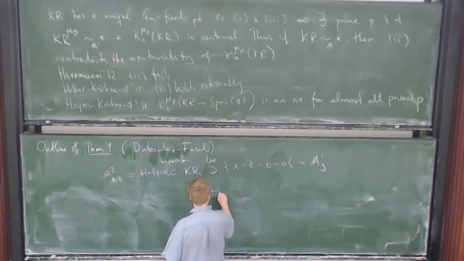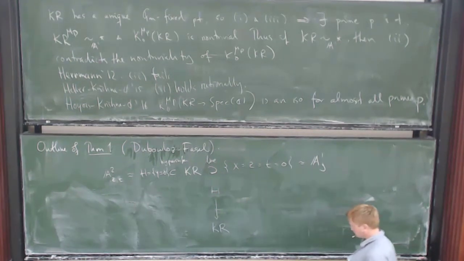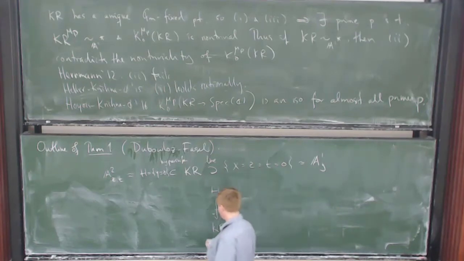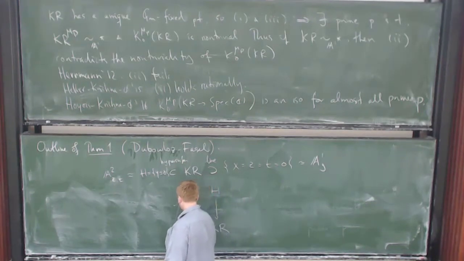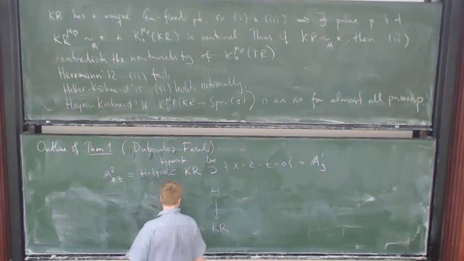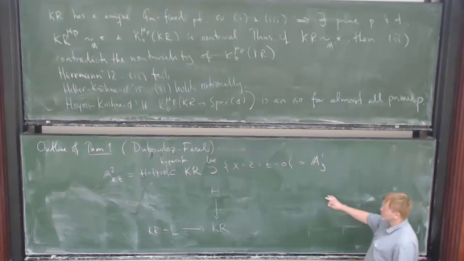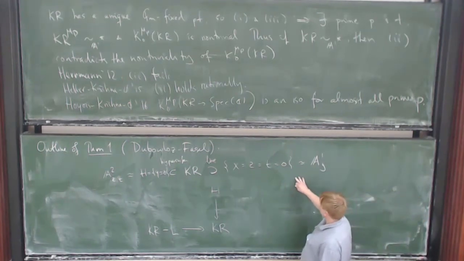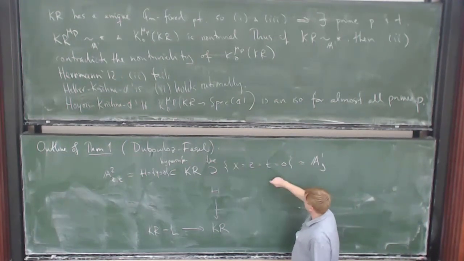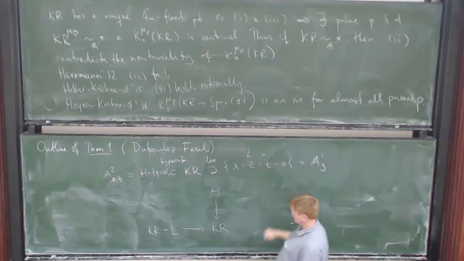Okay, so we have H. We look at a map into KR. And inside KR, let's take out the line L. Notice here that L was supposed to be this line here.